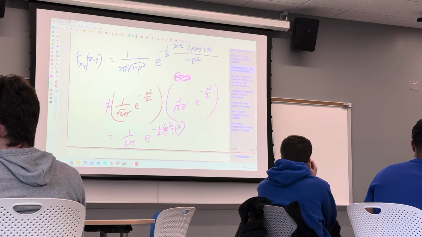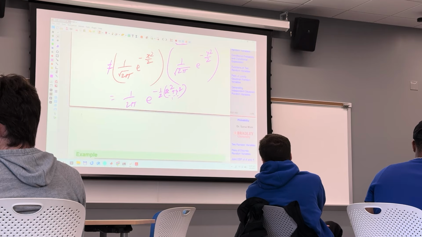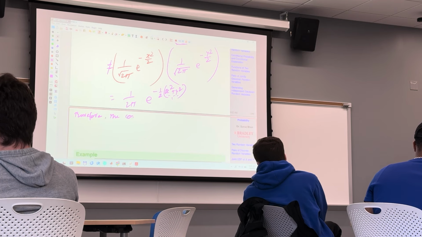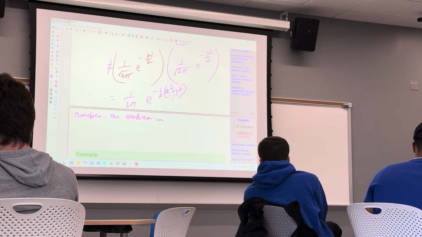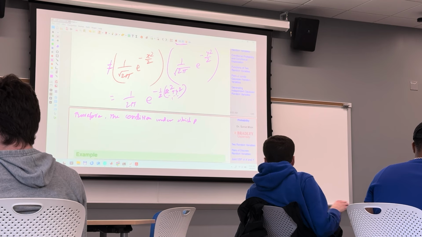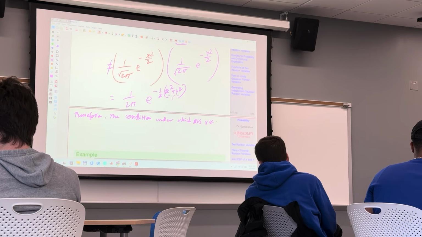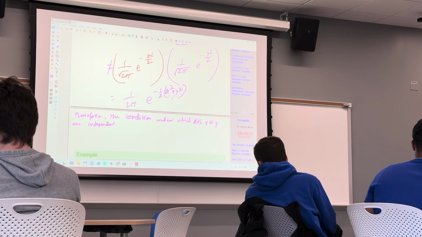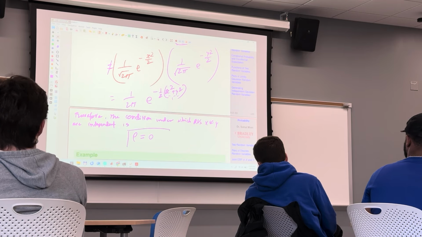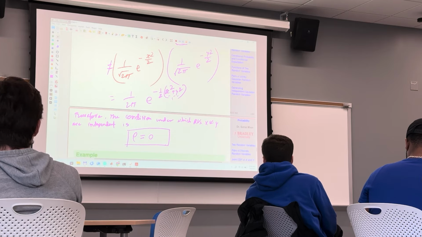So I'm going to write it nicely. Therefore, the condition under which these x and y are independent is rho equals 0.